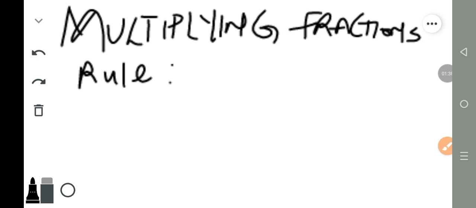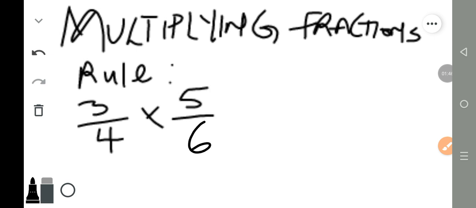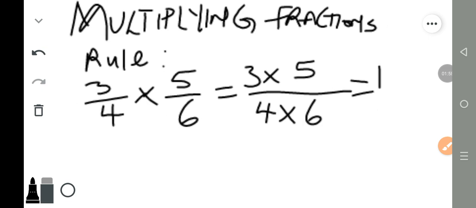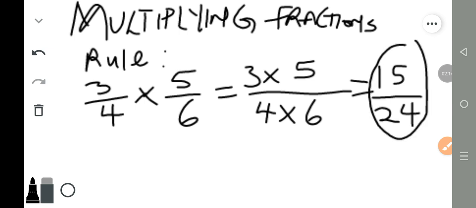Alright, so let's do an example. An example will be this: 3 all over 4 times 5 all over 6. So you multiply. So 3 times 5 all over 4 times 6. 3 times 5 is equal to 15 all over 4 times 6. That's 24. Now the thing with this rule is that after you have multiplied both the numerator and the denominator, you are going to find out if it can still be simplified.